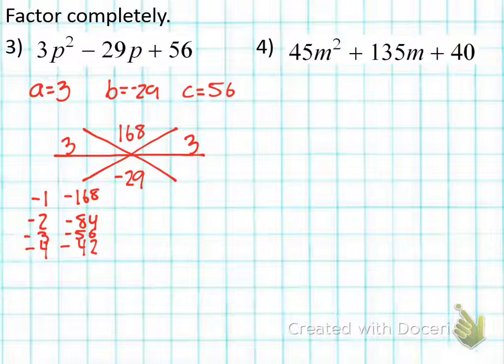But we're still going. And then you're going to notice, what are our true factors? We need them to add up to negative 29. What about 5? Does 5 go into it? 6? 6 does. 6 and 28.